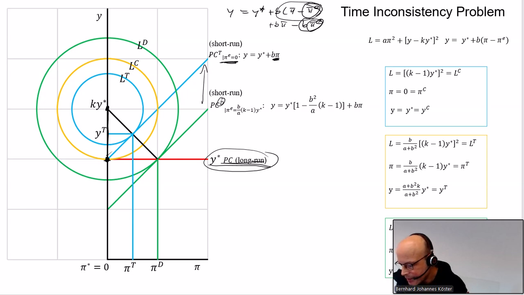So in this case, when the public is mis-specifying its expectations, we end up at this point here, where the slope B is coinciding with the indifference curve represented by the blue circle.